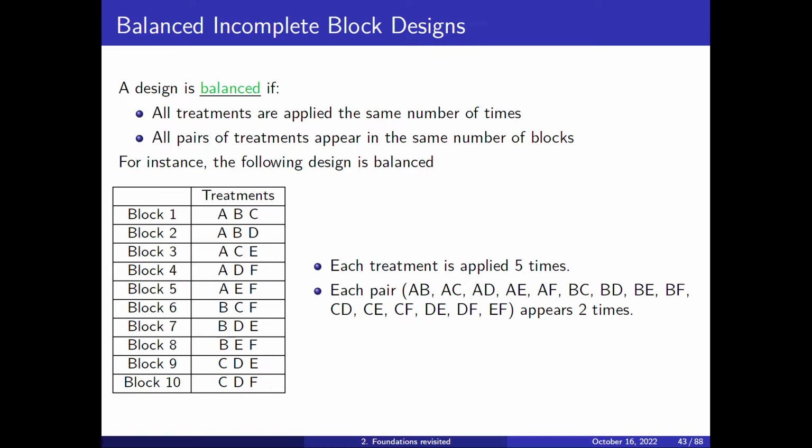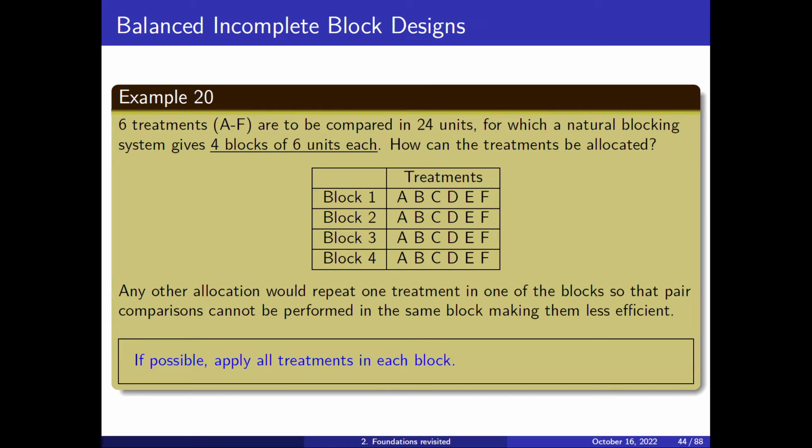So this is what we want to achieve. How to achieve that? Let's say that we have 6 treatments from A to F, and we have 24 units, and if we have 4 blocks, then we can check all treatments in each one of the blocks. Then this is a balanced design.